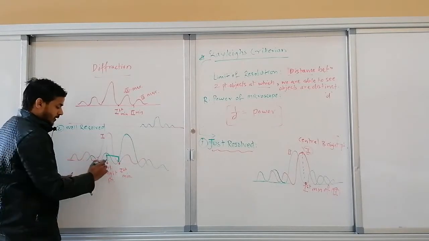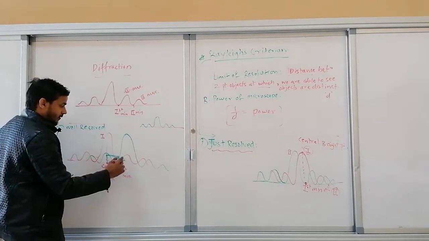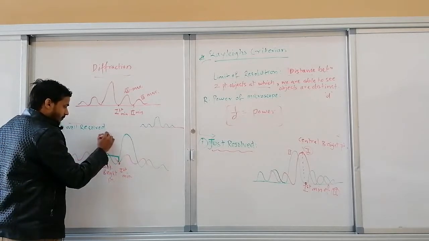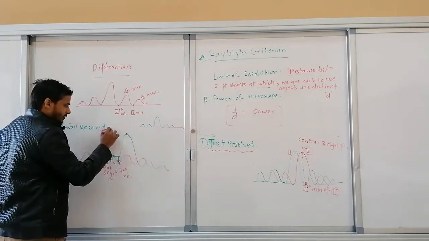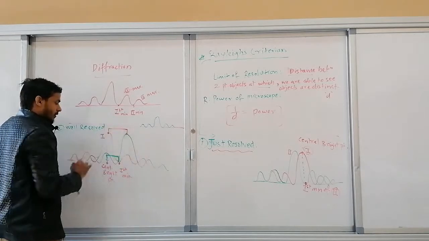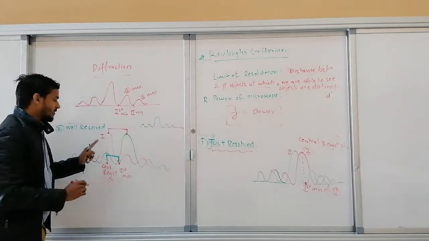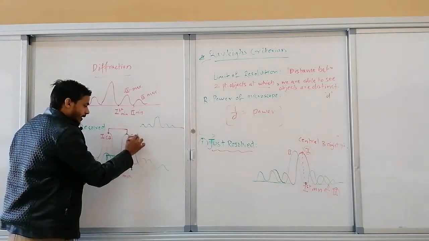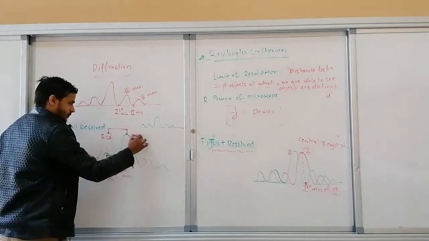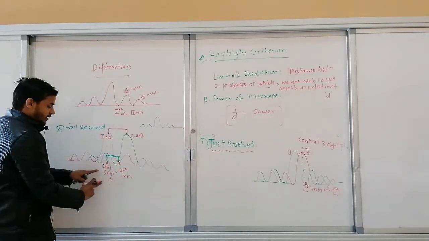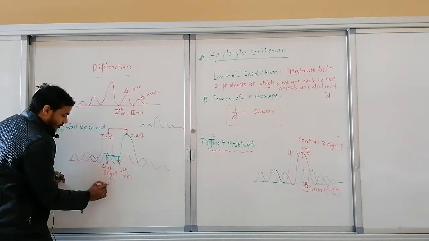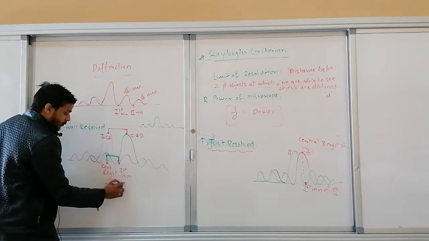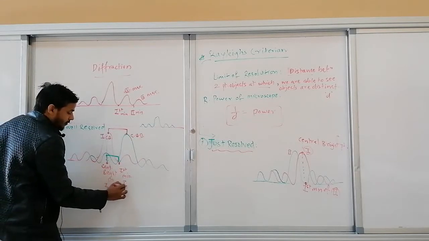Now what's going on? This distance you compare, and the central points of the two. This distance you compare. What is this? Central bright point of the first wave. What is this? Central bright point of the second wave. What is this? Central bright point of the first wave. What is this? First minimum of the first wave.